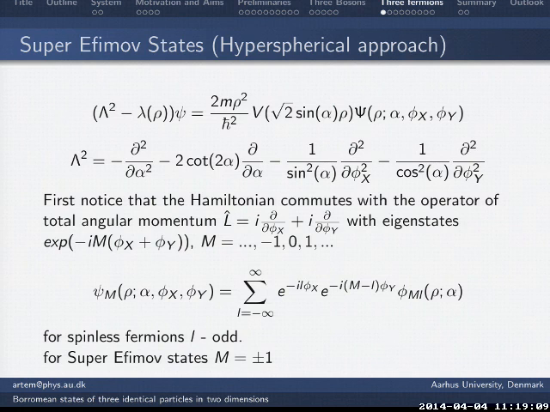We decompose our Faddeev component into this basis, in the phi x and phi y bases separately, such that they have the total angular momentum as a good quantum number. And what we know is that for super Efimov states, m is supposed to be plus or minus 1, and for spinless fermions, L is supposed to be odd, just to satisfy the antisymmetrization conditions.